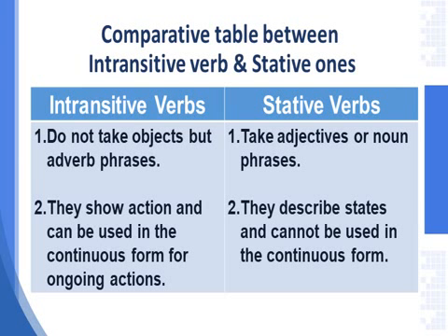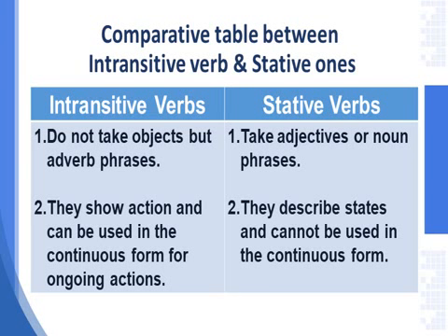Now, I just want to show a comparative table in order to make a summary of the difference between intransitive verbs and stative verbs. As you can see, the first one is that intransitive ones do not need to take objects to have sense. And in the case of the stative ones, they can take adjectives and noun phrases.